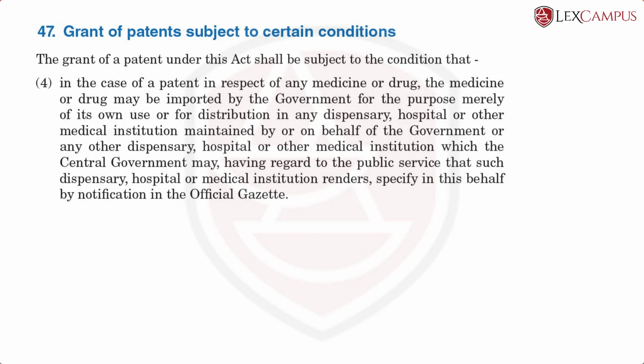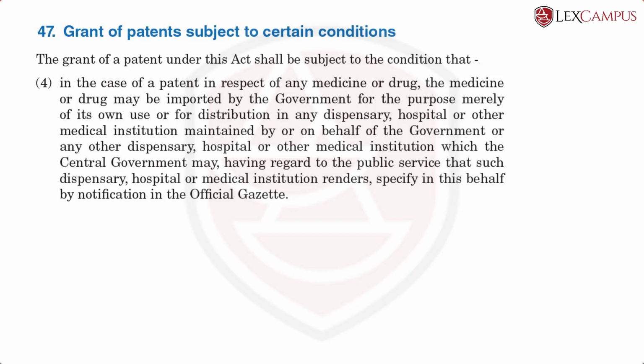Now, this is to cover instances where there is an outbreak of an epidemic. There is a disease which affects hundreds and thousands of people. If the government wants to tackle that epidemic, like a viral fever, bird flu, avian flu or swine flu, then the government can import medicines and start giving them out to its citizens regardless of whether it is a private institution or a government hospital.